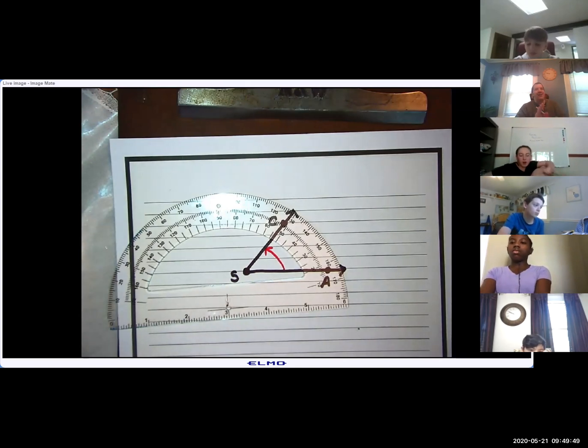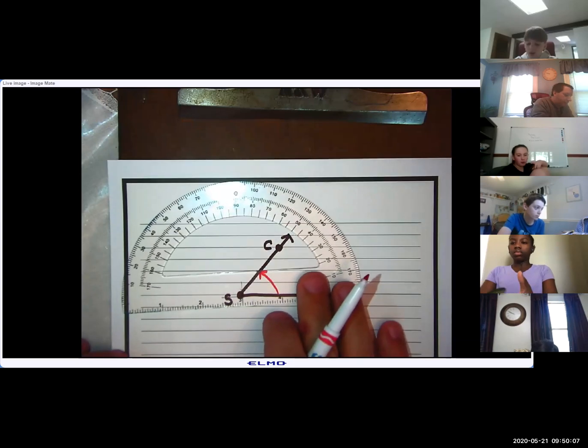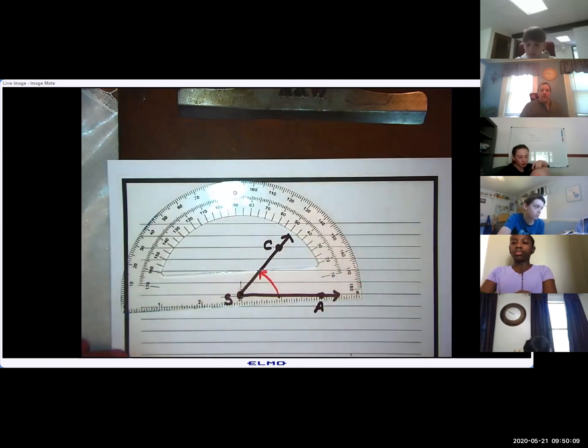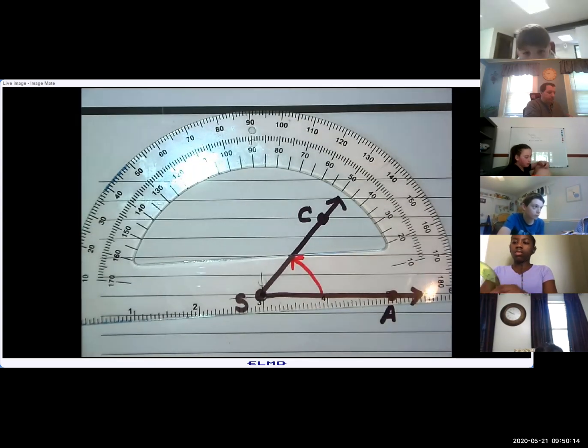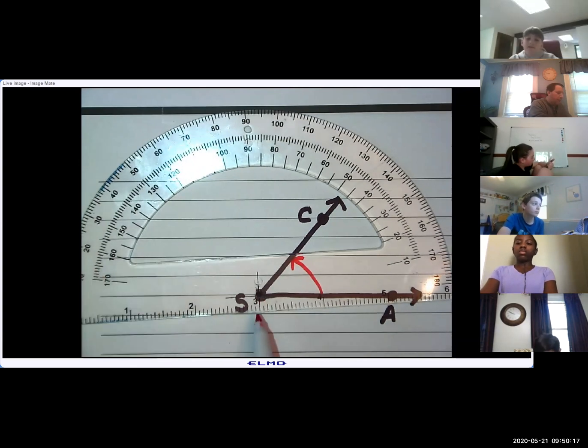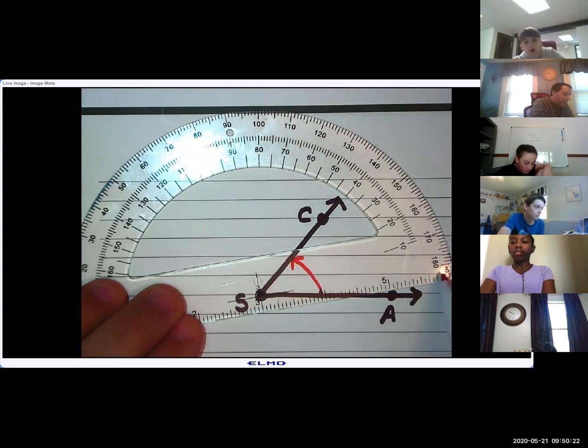You all have different kinds of protractors, so you might need to change your directions a teeny tiny bit. My protractor has a little hole in it. That hole goes on the vertex. So I'm going to do that right now. Can you see how the hole is on the vertex? Now, over on the other end, I'm going to keep that hole on the vertex. Can you see there's this line here?